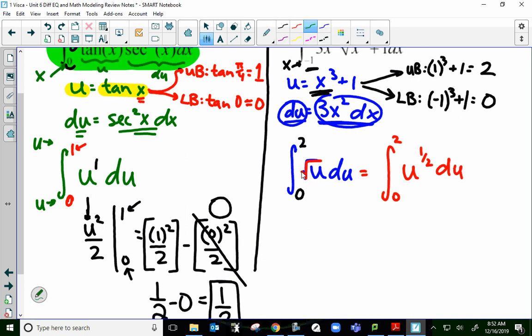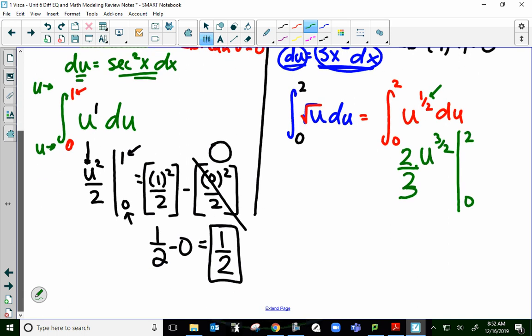Okay, so I add 1 to this exponent, u to the 3/2, okay, and I divide by 3/2. Dividing by 3/2, or dividing by any fraction, is the same thing as multiplying by its reciprocal, in this case, 2/3, all right, and I want that from 2 to 0, okay?